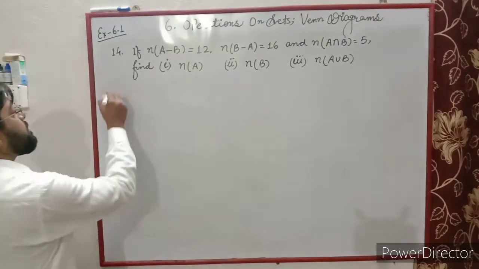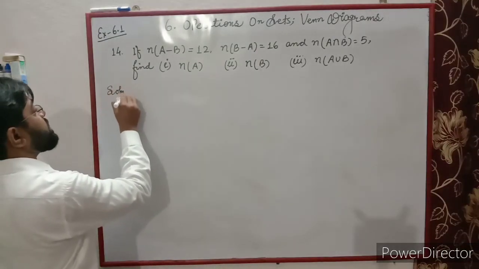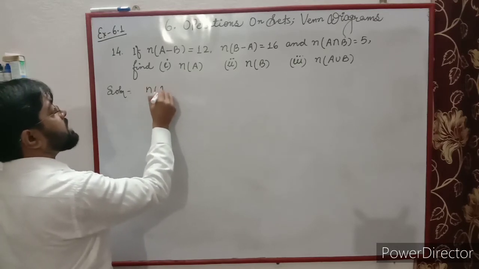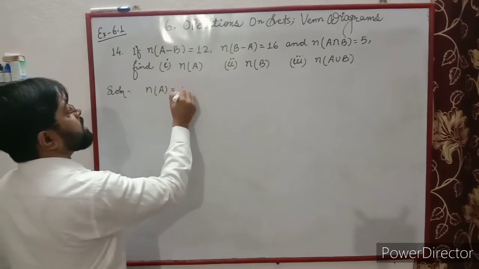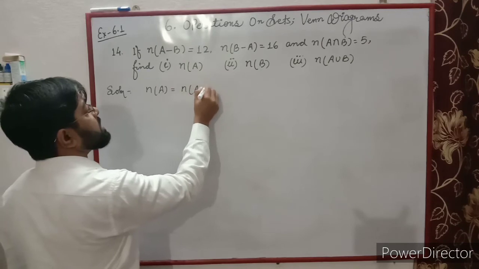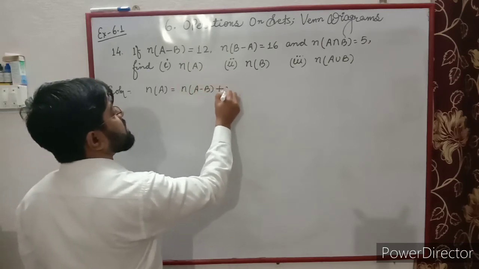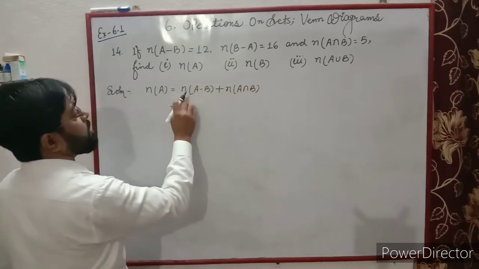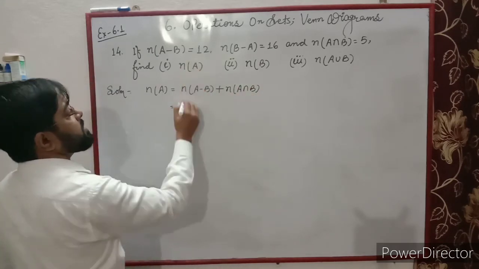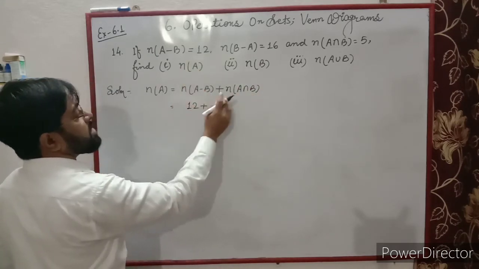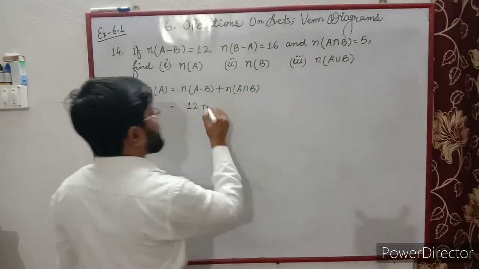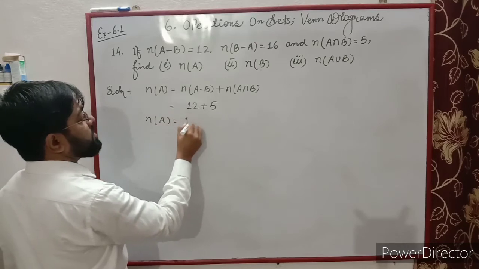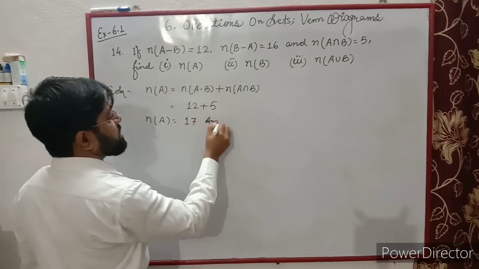So first of all, we have to find n(A). n(A) is equal to n(A minus B) plus n(A intersection B). So n(A minus B) is given 12 plus n(A intersection B) is given 5. So n(A) is equal to 17. That is the first answer.